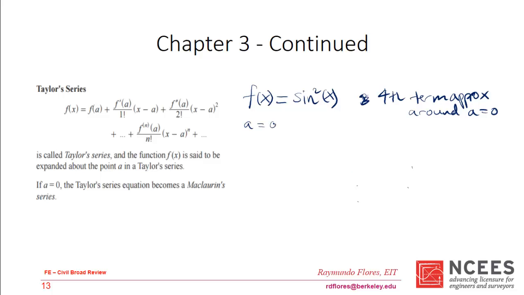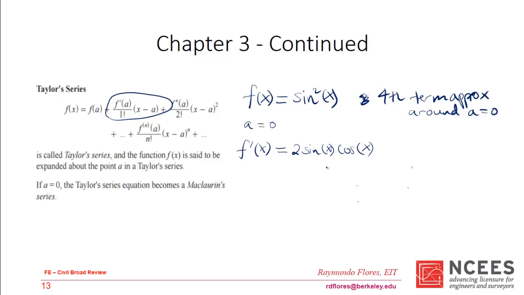a equals 0. So if we start off with a equals 0, then f of a is 0 because sine of 0 is 0. Now let's focus on the next one. f prime is going to be 2 sine of x cosine x, right?